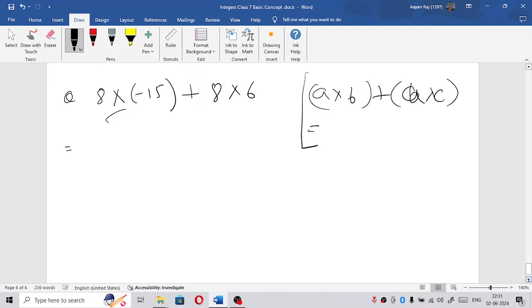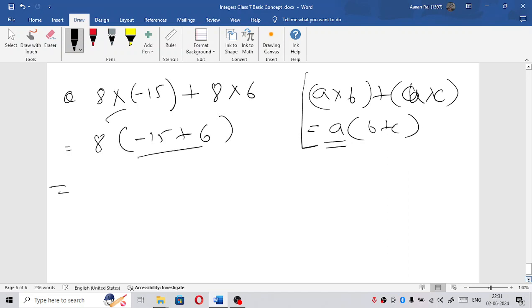So we can use the property a into b plus c. So here we would be using the same property, 8 into minus 15 plus 6, and then we will further solve this. 8 into minus 15 plus 6 would be minus 9.